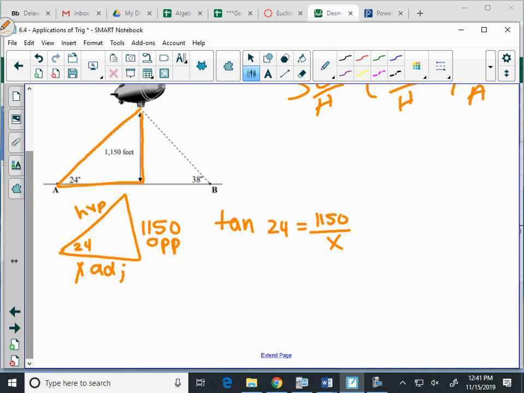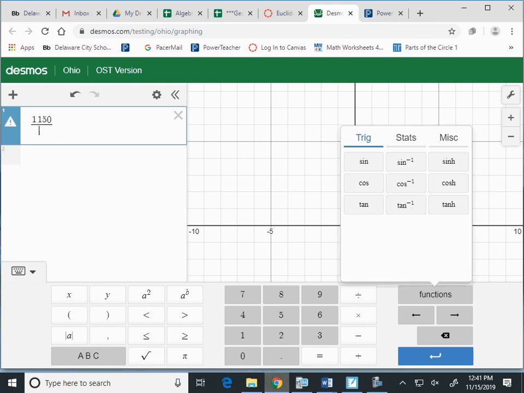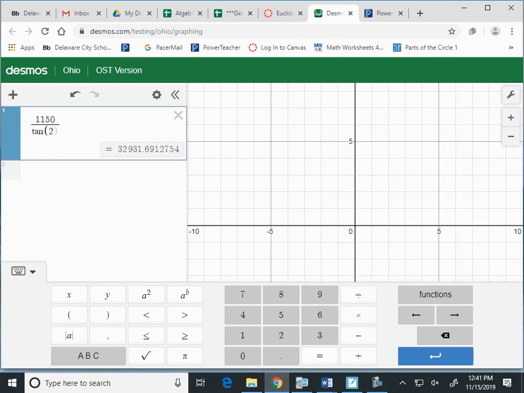So that we get x is equal to 1150 over the tangent. Make that into decimals, and we get about 2,583. Round to the nearest whole number, so 2,583.